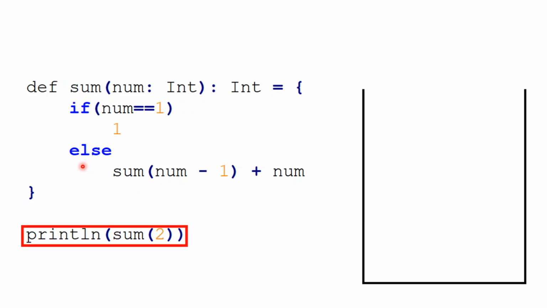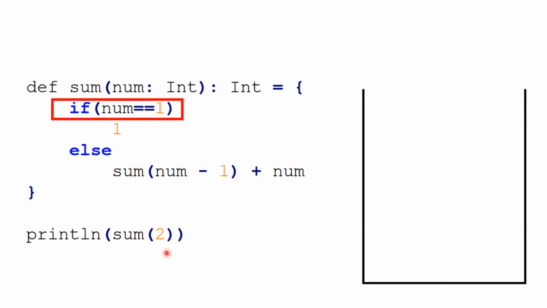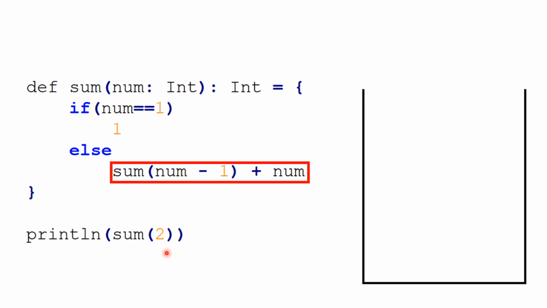Now when I call the sum function with input as 2, the control goes to the sum function. It checks if num, that is the input, is equal to 1 or not, which is not the case, right? It's 2. So it goes to the else condition, and then it again tries to call the sum function with input as num minus 1, which will be 2 minus 1, that is 1.